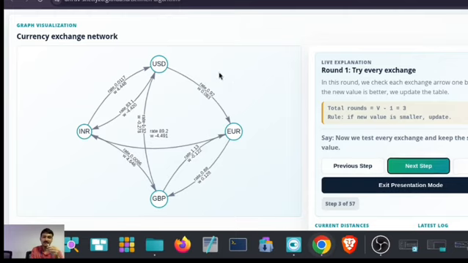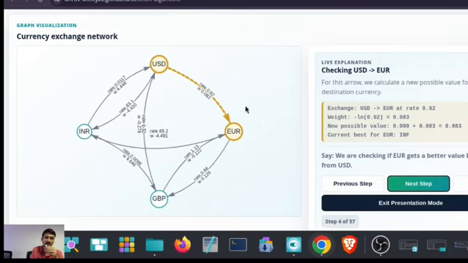So the next step is, the value of the USD is 0, then the value of the EUR is infinity. We have to add the value of USD, that is 0, to the weight value, that is 0.083. So 0 plus 0.083 is nothing but 0.083, which we have to compare with the value of the EUR.